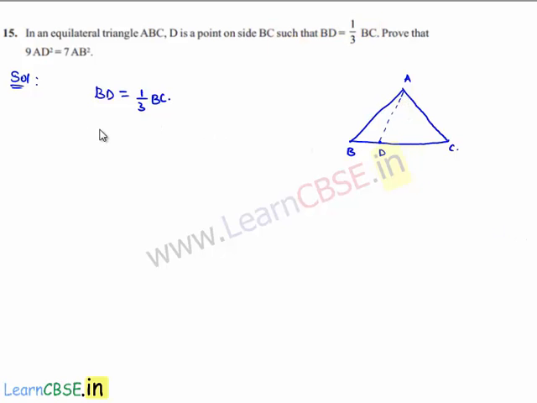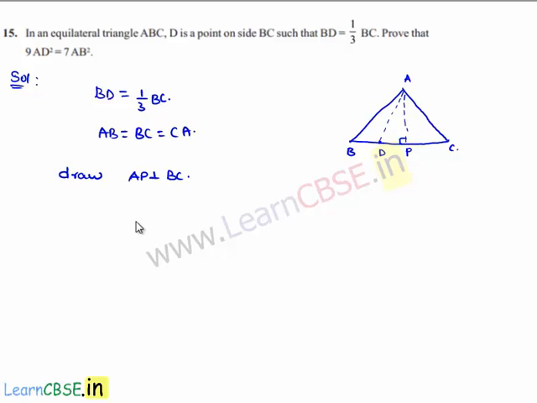As it is an equilateral triangle, we can say that AB is equal to BC is equal to CA. So in order to prove the required proof that 9AD square is equal to 7AB square, let us draw AP perpendicular to BC.